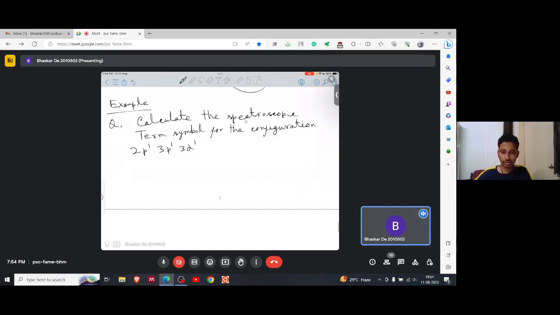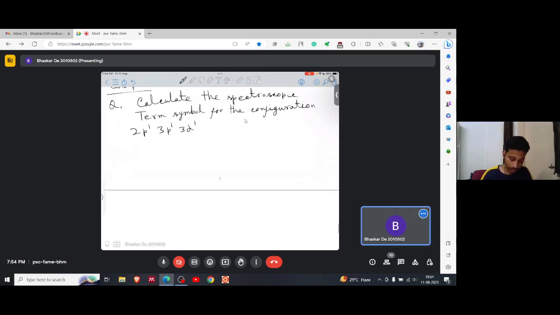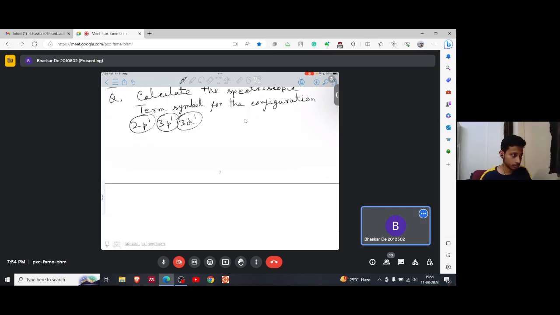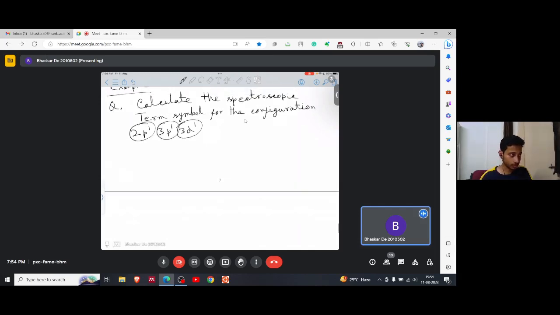Okay, so this one is going to be very complicated, but you can see all of these are not totally filled. 2p1, p can basically hold 6 electrons, but it has only one. Then this one has only one electron, and 3d has only one. So this is all going to give different values.